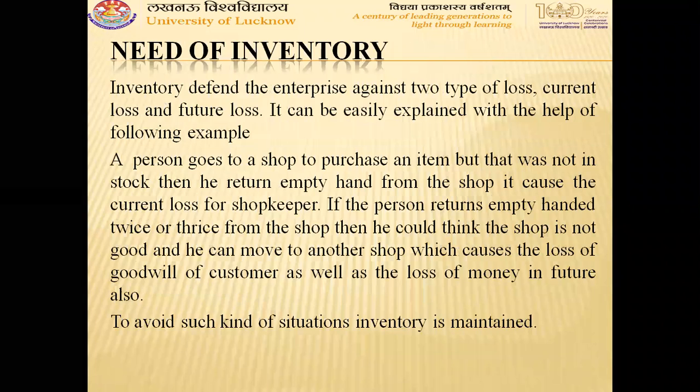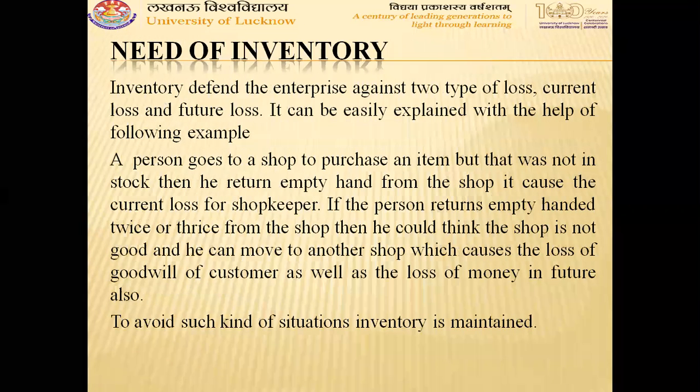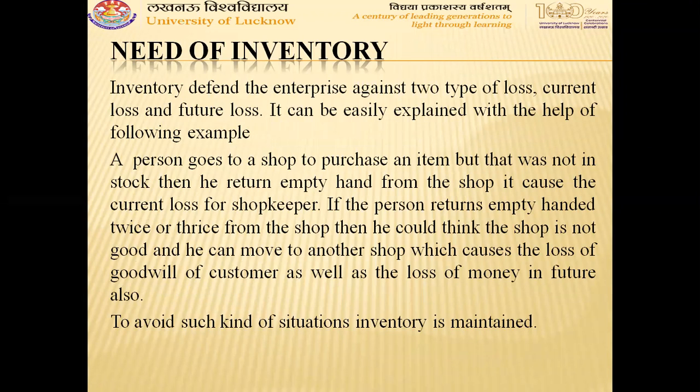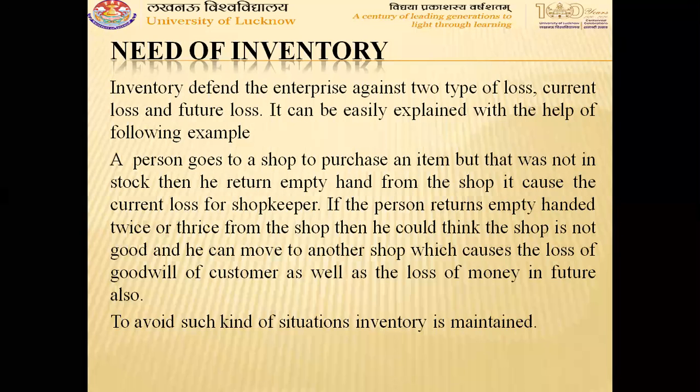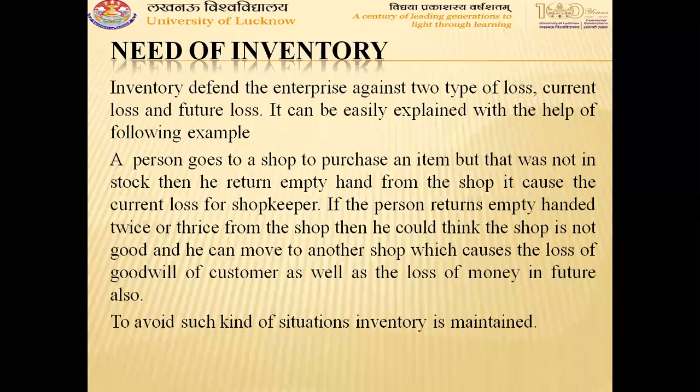Why is inventory needed? Inventory defends the enterprise against two types of loss. One is called current loss, the other is called future loss. For example, a person goes to a shop to purchase an item but it was not in stock. Then he returns empty handed from the shop, and it causes the current loss.